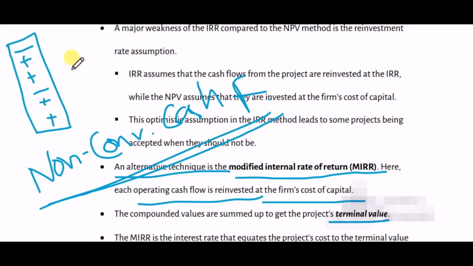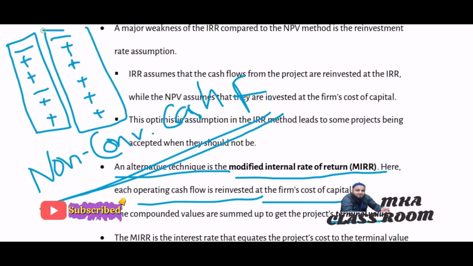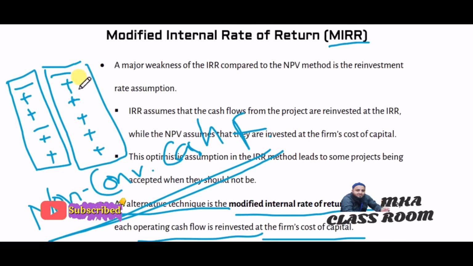But for conventional cash flows, first is negative, then all cash flows are positive. That means for the conventional cash flows we will see first one is cash outflow, our initial investment, then cash inflow, cash inflow, cash inflow, cash inflow, cash inflow.